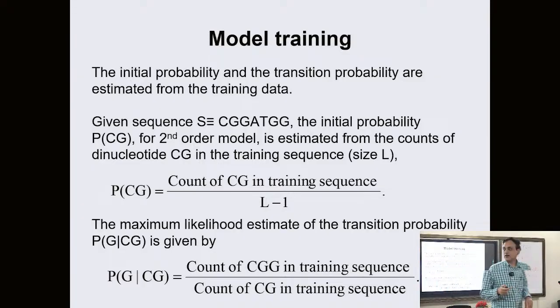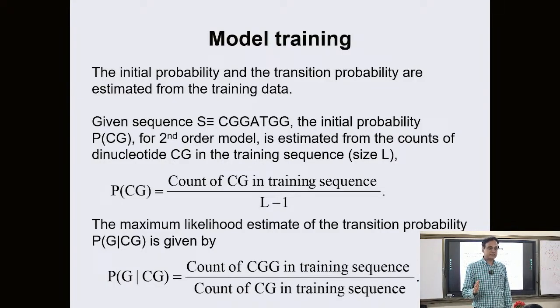Now, the transition probability of G given CG. Given CG means the 2 previous bases are CG, so it means the count of CG in the training sequence, that is, the count of trinucleotides where the first 2 nucleotides are CG followed by any nucleotide.